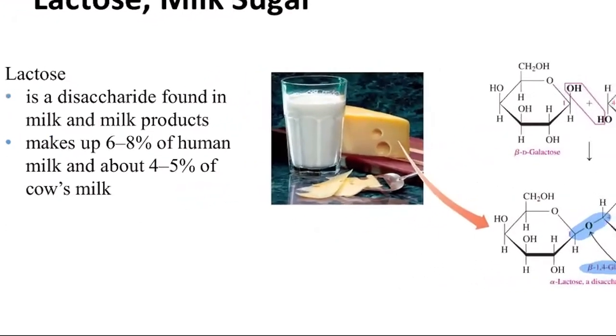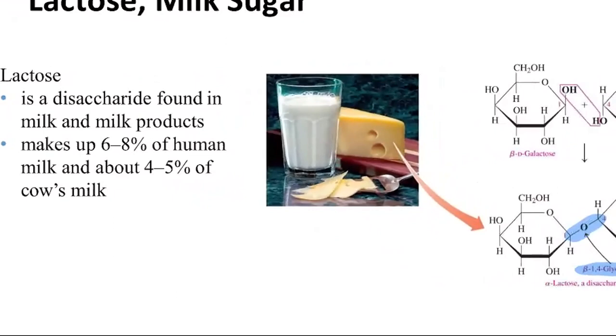Understand that lactose is found in milk products, and not all milk products are going to have the same amount of lactose, because as you can see, human milk and cow's milk have different amounts of lactose, and based on that, the sweetness levels for them will be different.